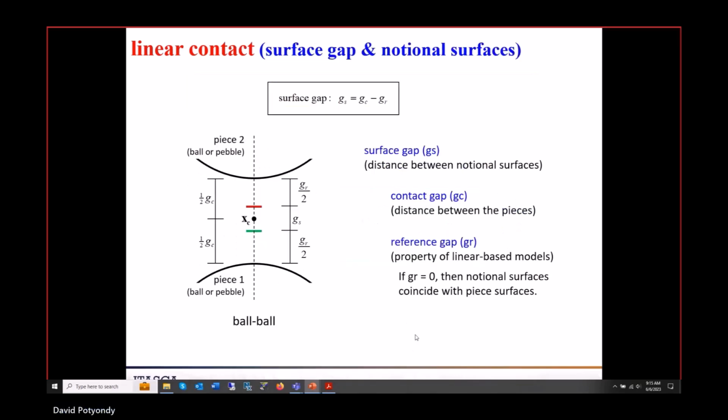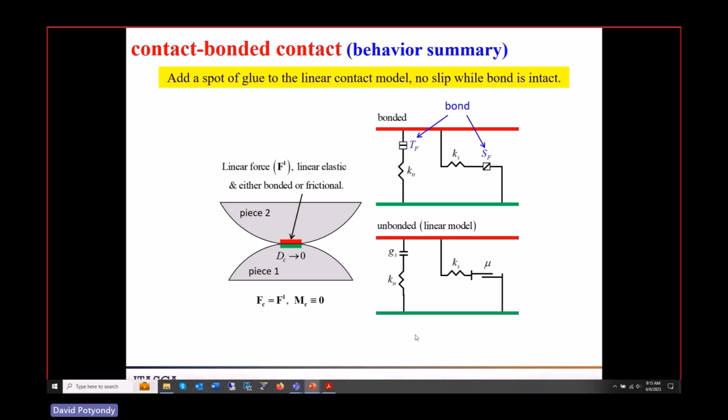Okay, enough said. Contact bonded behavior. Think of the linear model, but putting a really small spot of super glue on there. Notice now unbonded is the linear model, but bonded, there's no more friction coefficient because they're bonded. Now there's a shear strength and a tensile strength, right? That's the contact bonded system. Notice also that in the contact bonded system, the cement itself has no stiffness.